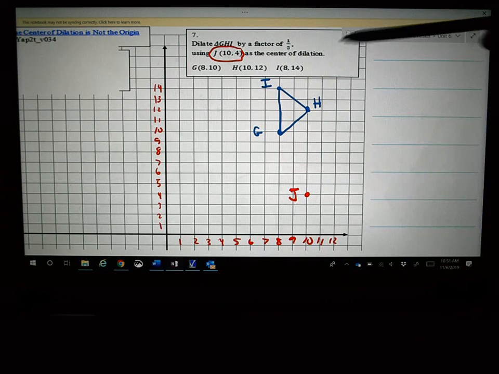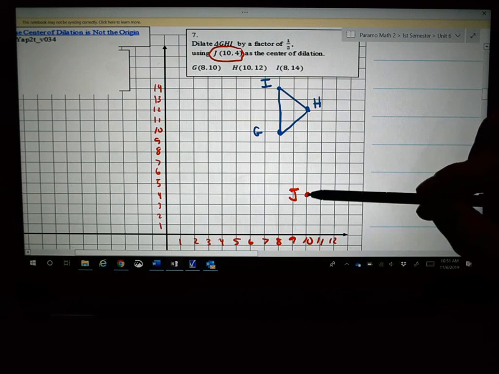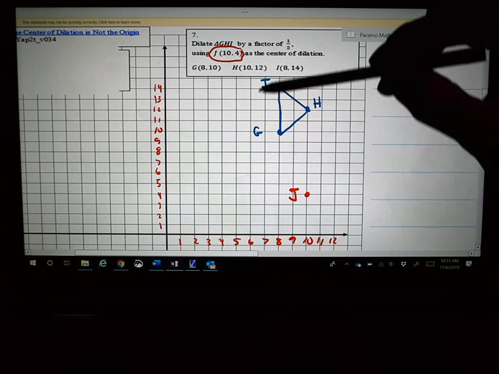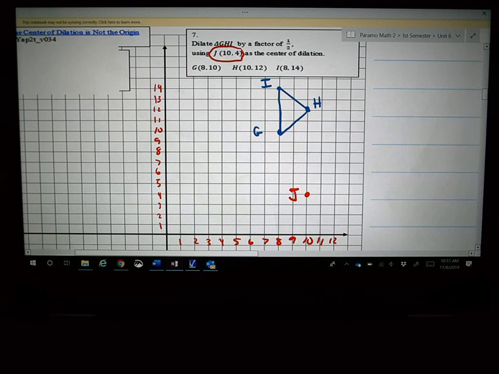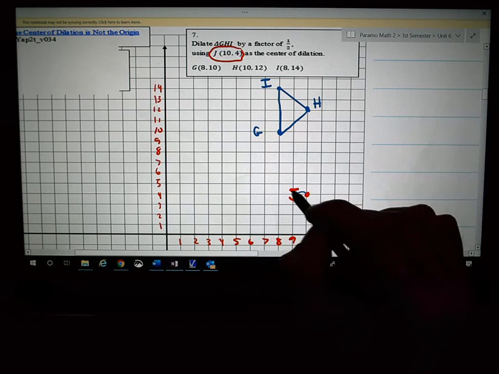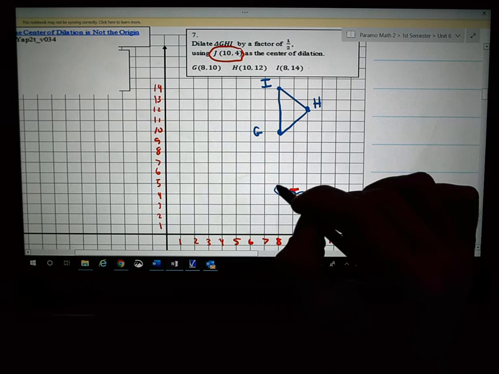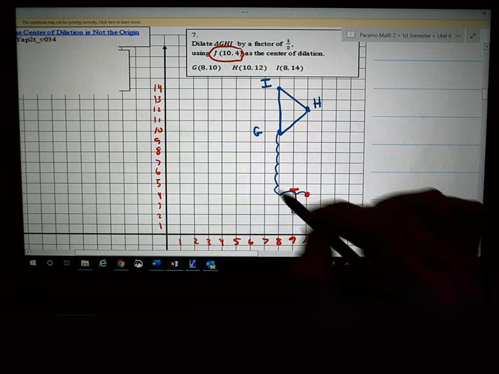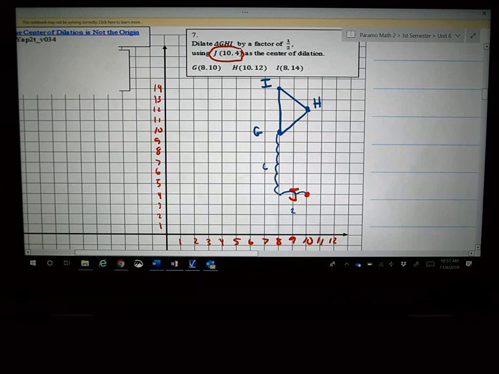That means from J to G, or from J to H, from J to I, we need to figure out what the horizontal distance is and what the vertical distance is. For example, if I go to the left 1, 2, and up 1, 2, 3, 4, 5, 6, 2 and 6. If I went left horizontally 2 and vertically 6, thank you.